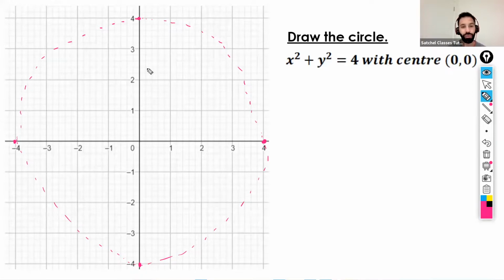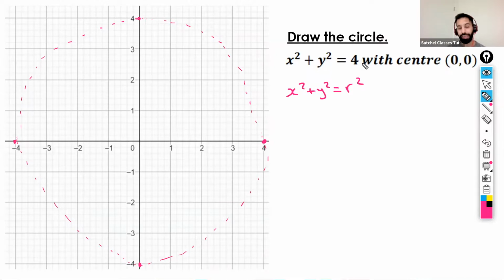However, what is the problem here? You can pause the video and answer and check to see if you were right. The problem is that currently this is not in the form of x squared plus y squared is equal to r squared. Therefore, to make it into the form of the equation of a circle, we would have to take the square root of 4.